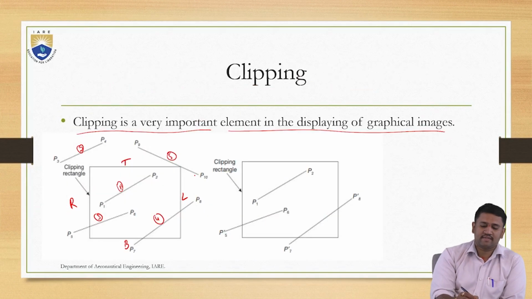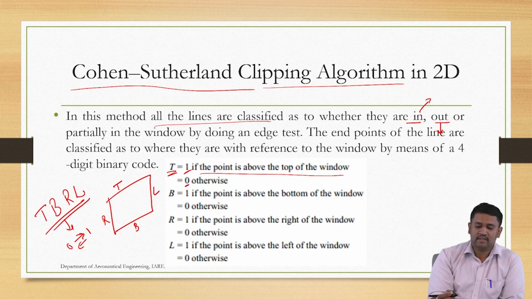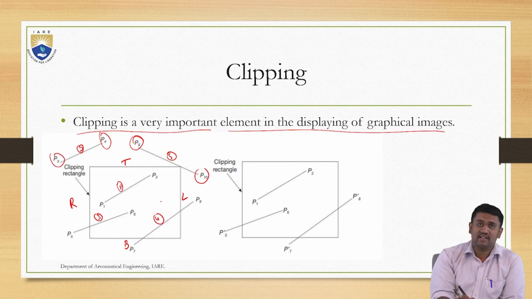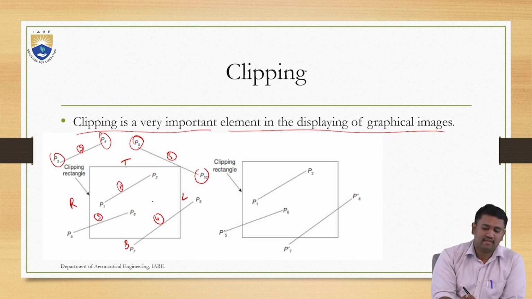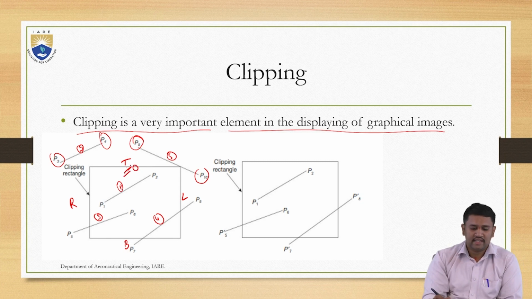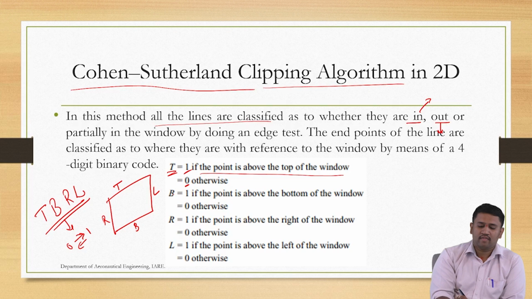In our case, in the top surface, are there any points? There are points which are above the top of the window, but they are not inside. So both the points are away, so the line is away. In those cases, T equals 0. Right? Similarly, what about B?